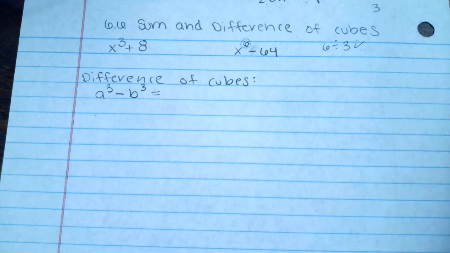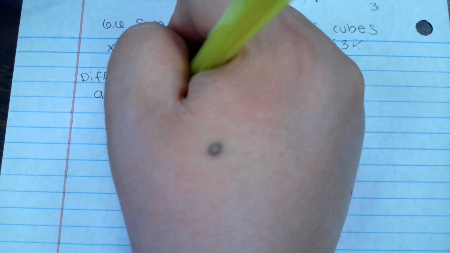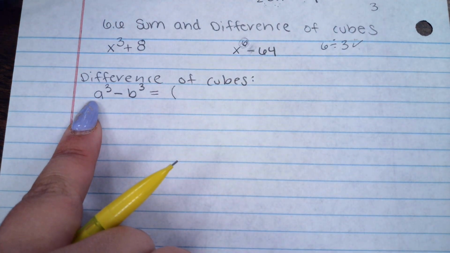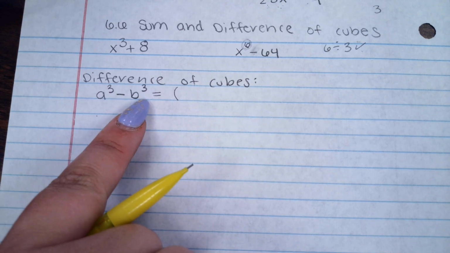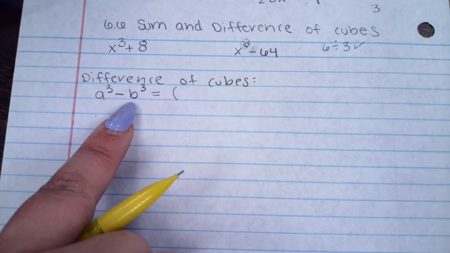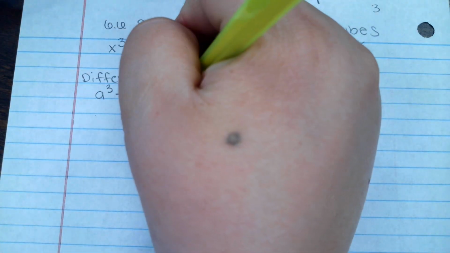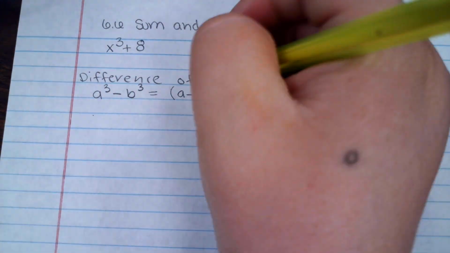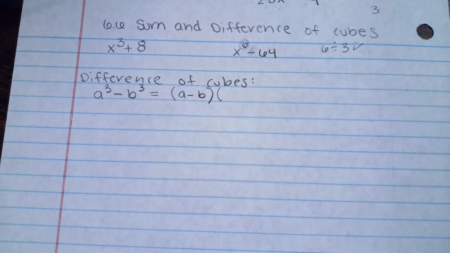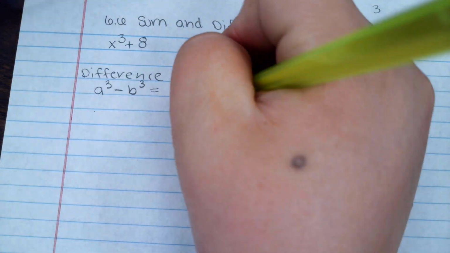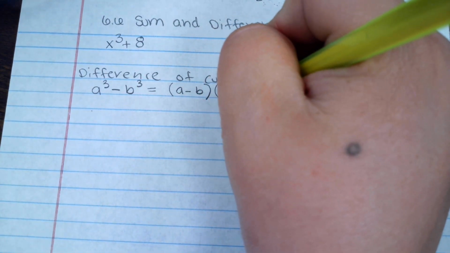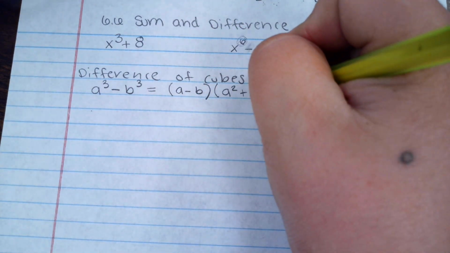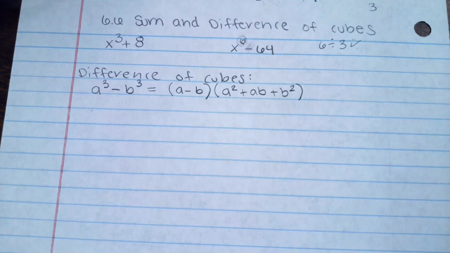In order to factor that, we are going to take the cube root of a cubed, that would give us a, and the cube root of b cubed would just give us b, right? So first we subtract those, and then our second term is going to be a trinomial. So it's going to be a squared plus a times b plus b squared.